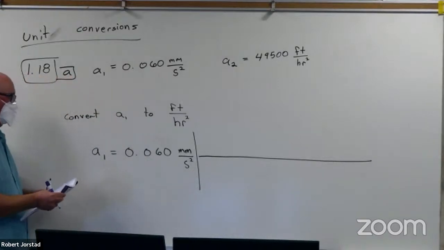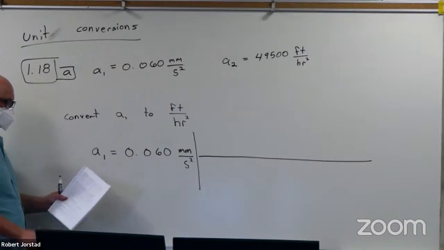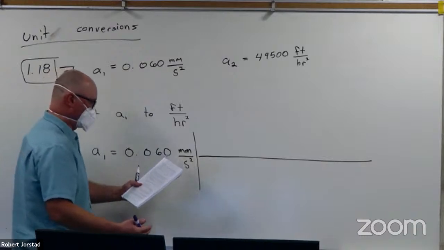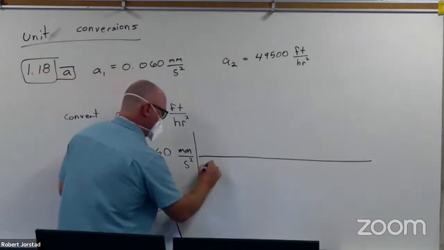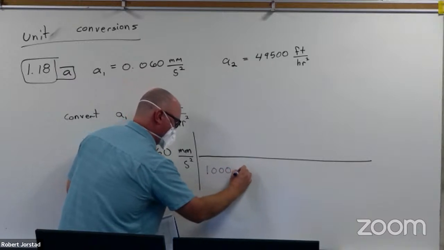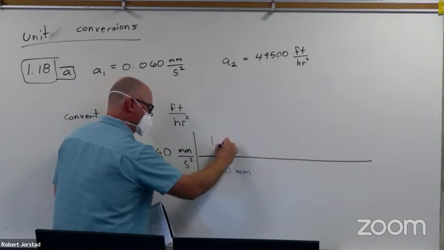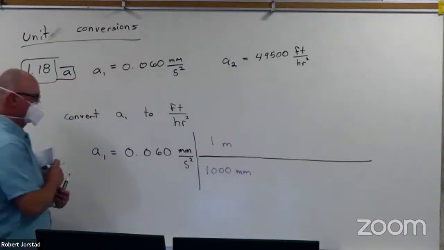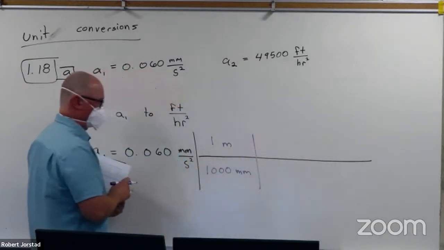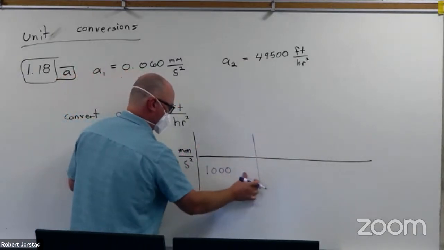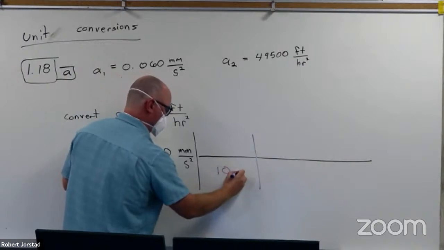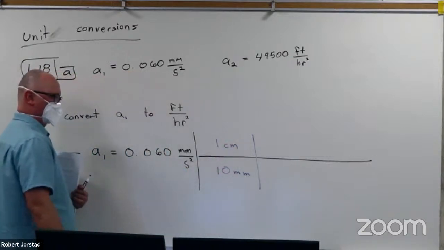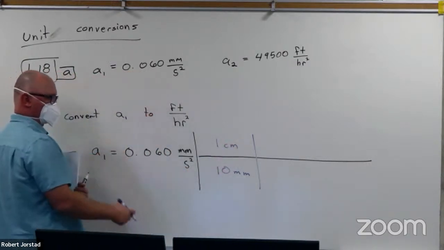All right, so I need to convert these millimeters. I'm going to look in my chart or on my equation sheet and grab something that has millimeters in it. Or maybe I just know from experience that there are 1,000 millimeters in 1 meter. Actually, you know what I might do? There are 10 millimeters in 1 centimeter, because I have to get to feet. So I'm thinking, how can I get to feet?